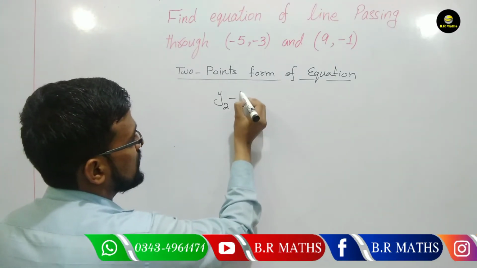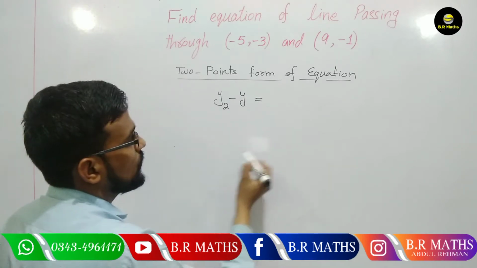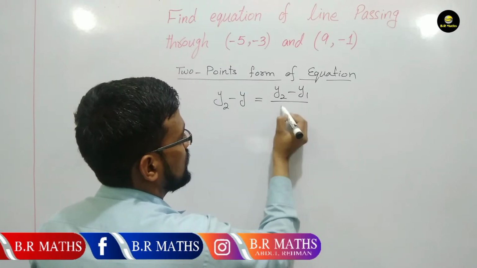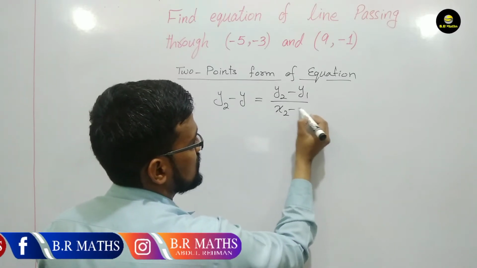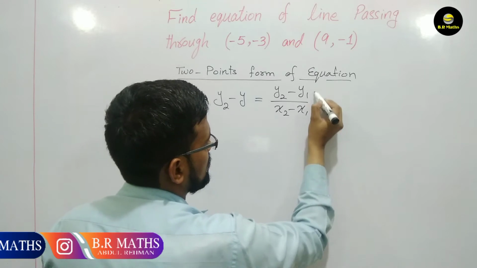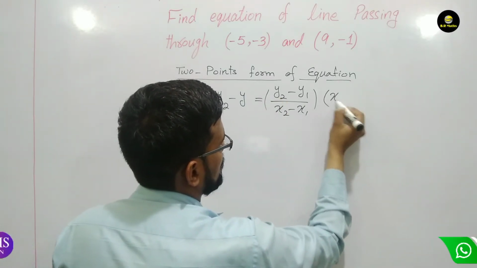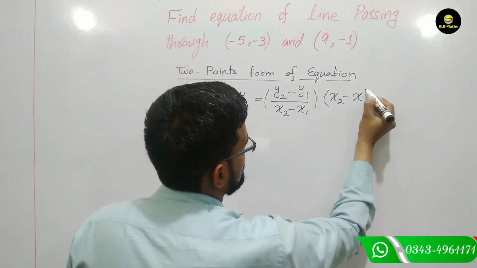y2 minus y equals (y2 minus y1) over (x2 minus x1), multiplied by (x2 minus x).